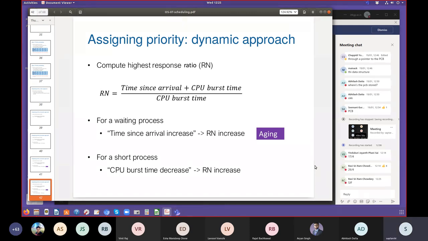Okay, Ravi says SJF. So Ravi, can you unmute yourself and say what you mean?